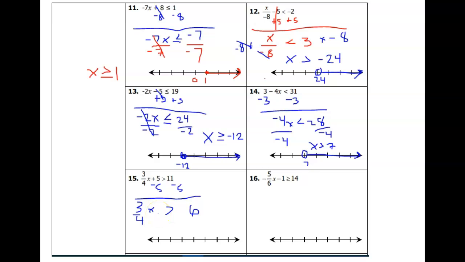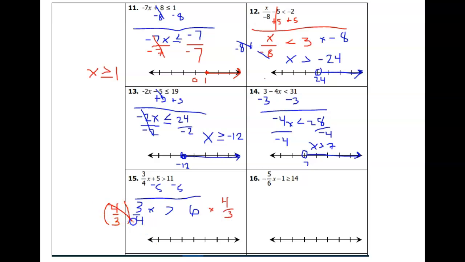Now I need to get rid of this fraction that's with the x. So I'm going to multiply by the reciprocal of the fraction, 4 over 3. I just use parentheses for multiplication, but over here I'll just write 4 over 3, because that's easier to think about.